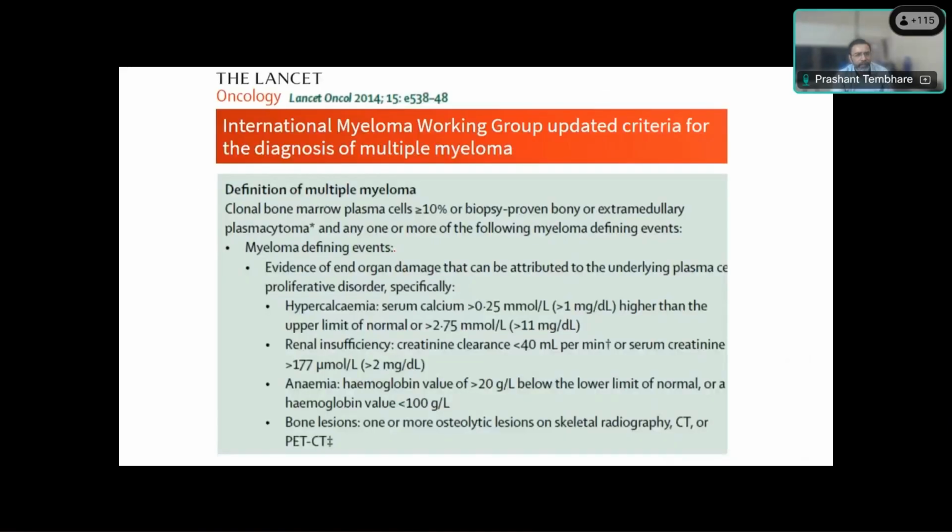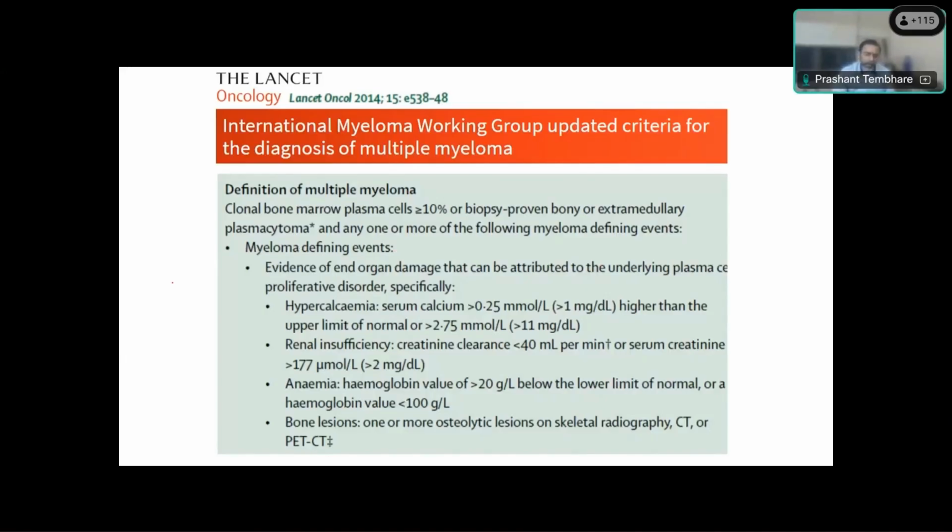Now, almost 12 years back, the diagnostic criteria of multiple myeloma was further refined by the International Myeloma Working Group, which is a very active group, and which included additional features.